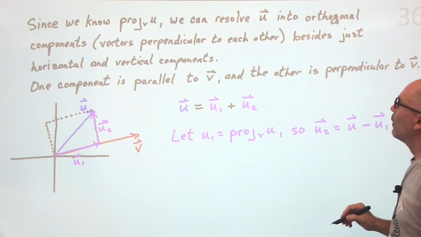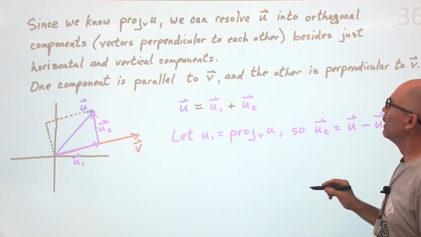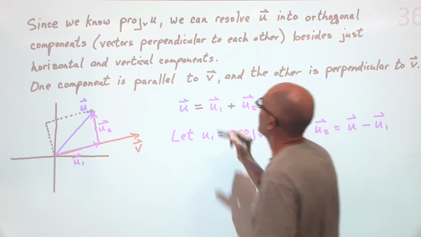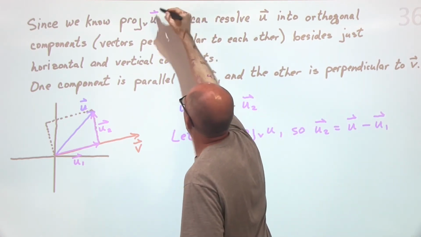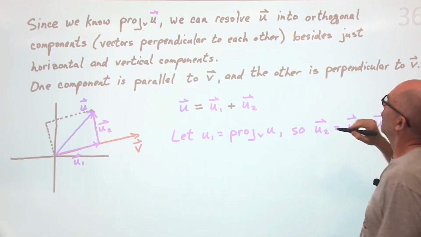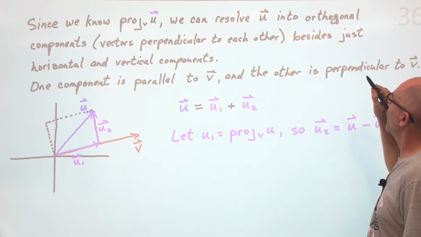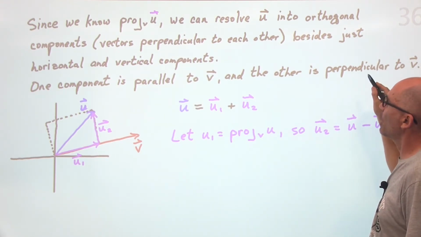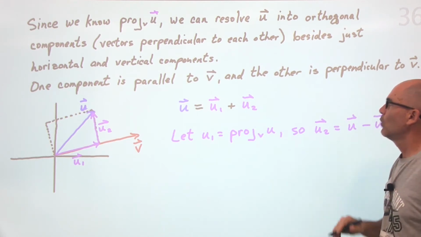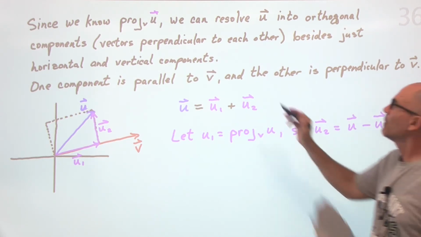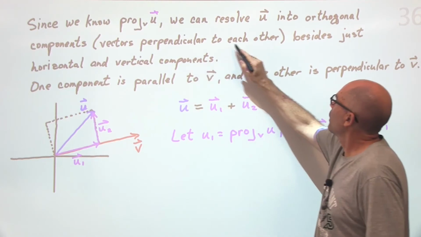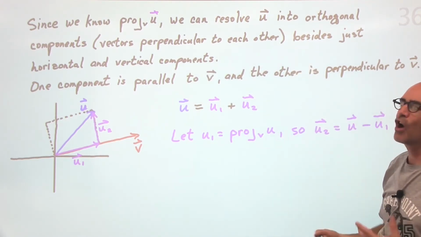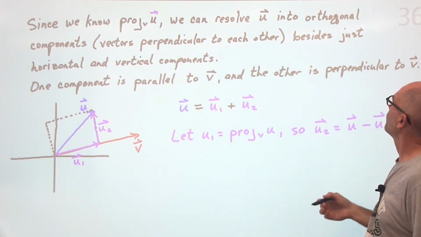Now, since we know the projection of u along v, we can resolve vector u into orthogonal components. What's orthogonal components? Those are vectors perpendicular to each other. The word orthogonal means perpendicular.